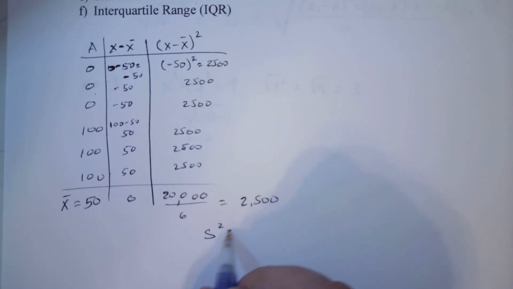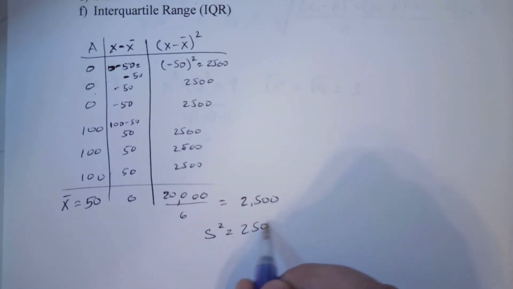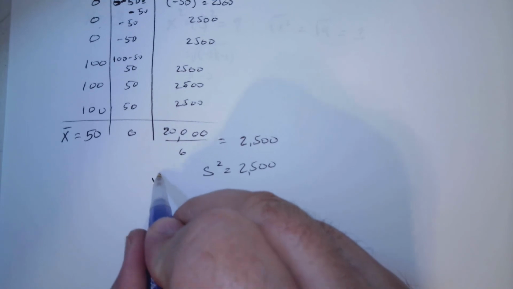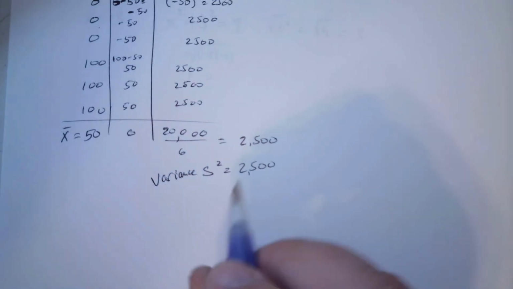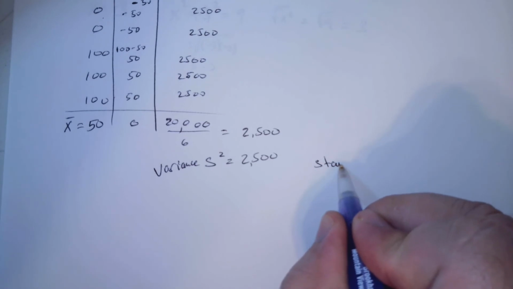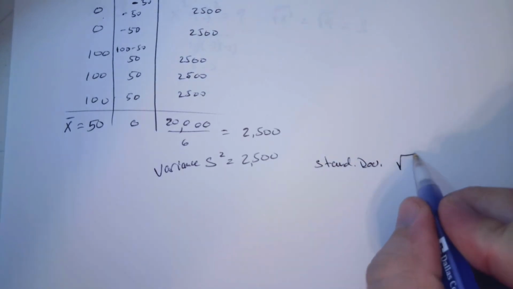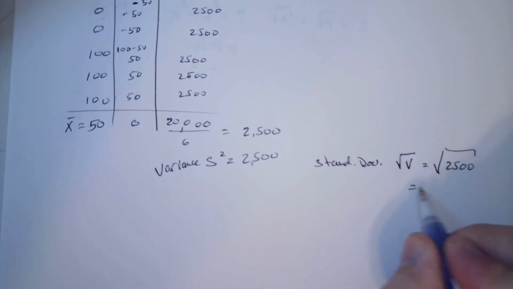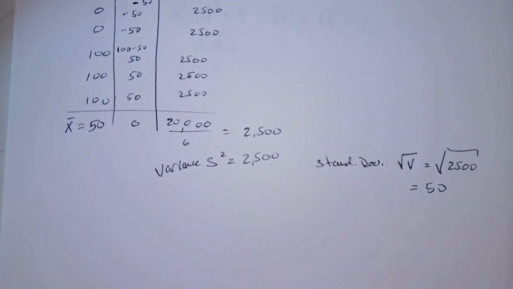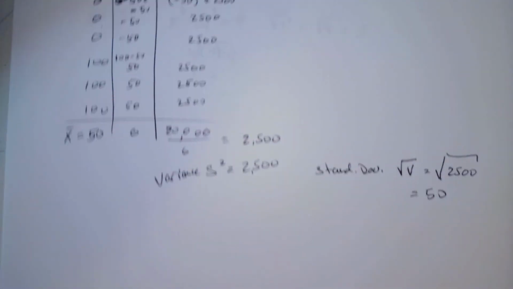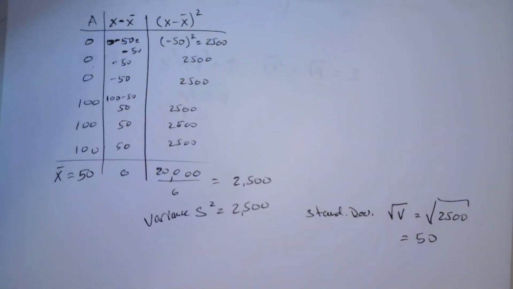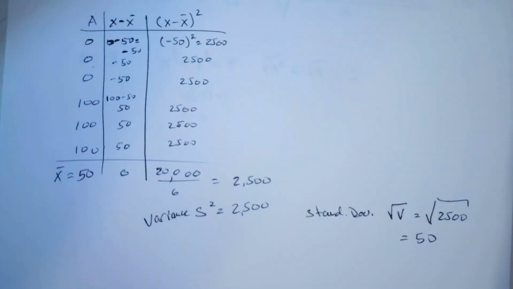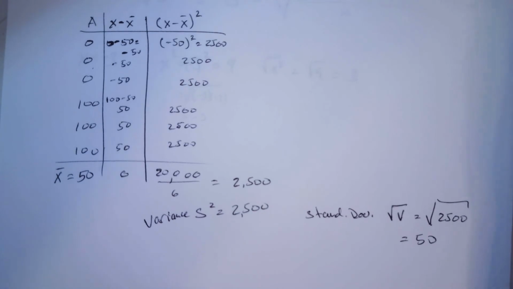So my variance is 2,500. That's variance. Standard deviation is the square root of the variance. So the square root of 2,500 equals 50. So for A, it's 50. The interquartile.